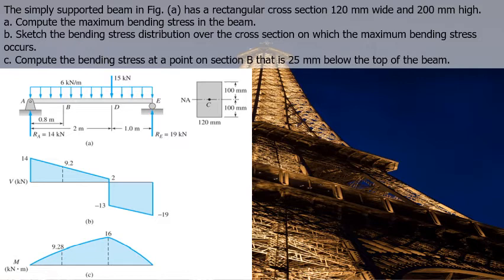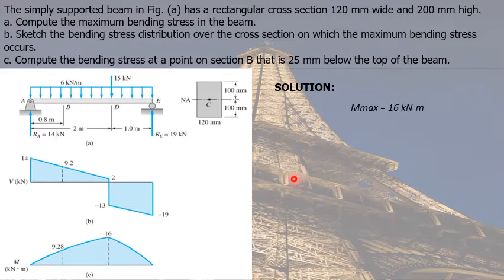After sketching the shear and moment diagrams, we can now determine the maximum bending moment, which is equal to 16 kilonewton meters, occurring at point D. Next, we solve for the moment of inertia of the cross-sectional area about the neutral axis.